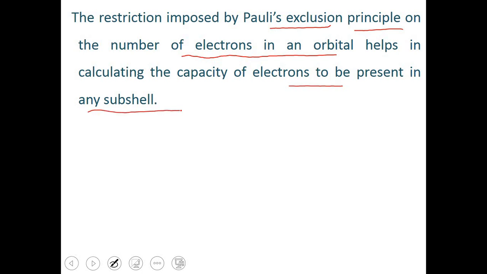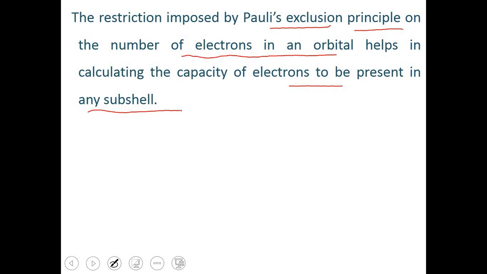We have just studied that according to Pauli's exclusion principle, an orbital can accommodate only two electrons, because the two electrons in an orbital will have the same three quantum numbers, but the spin will be different. So an orbital cannot accommodate more than two electrons. This restriction imposed by Pauli helps us decide the maximum number of electrons which can be accommodated in any subshell.